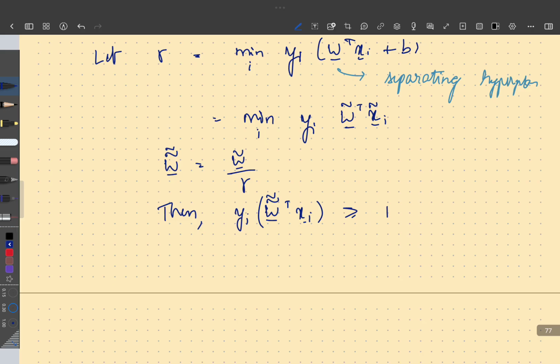So this means that there exists some hyperplane W such that yi times W transpose xi is greater than or equal to 1 for all i.